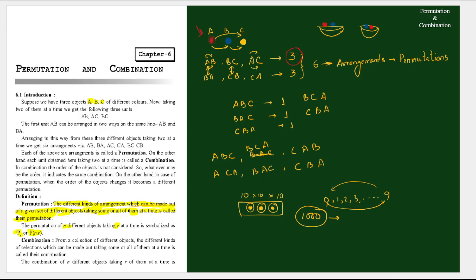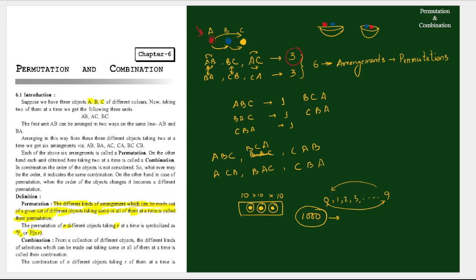So this is our combination. Permutation means it will take into consideration all the arrangements, the different kinds of arrangement it can have, A, B, B, A. But in combination, we take the final outcome.